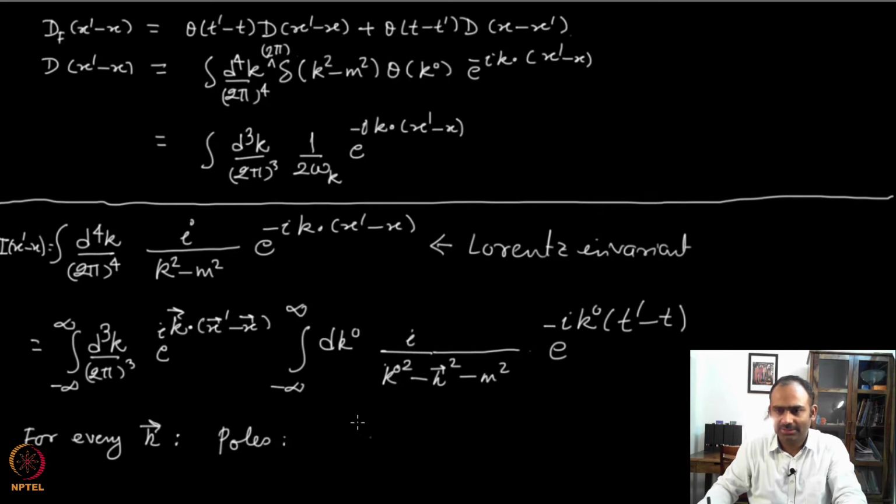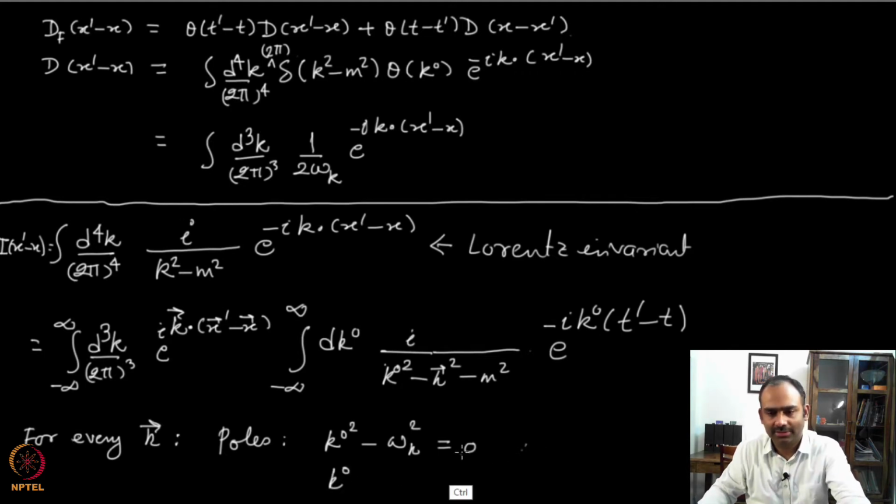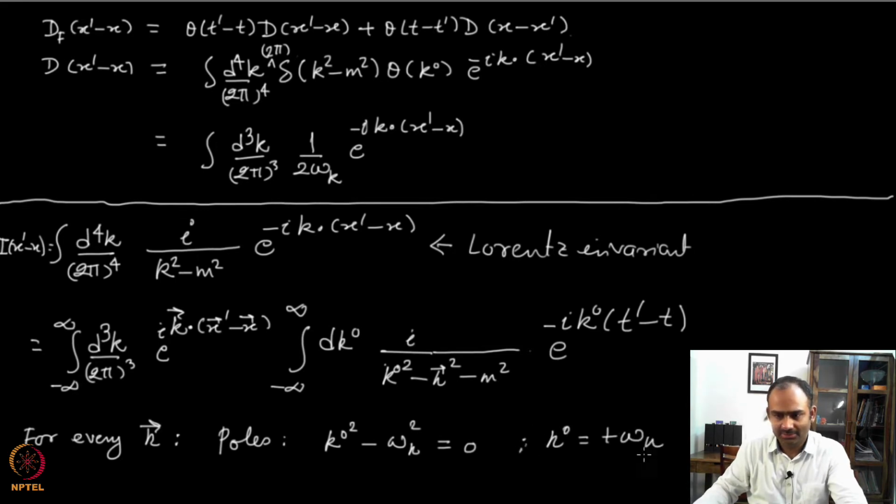And how do you get the poles? You get the poles by equating the denominator to 0. So you have k0 square minus omega_k square, where you remember omega_k is the square root of k square plus m square. This is how you will find the poles, and clearly the poles are located at k0 equal to plus omega_k, that is one place, and minus omega_k.